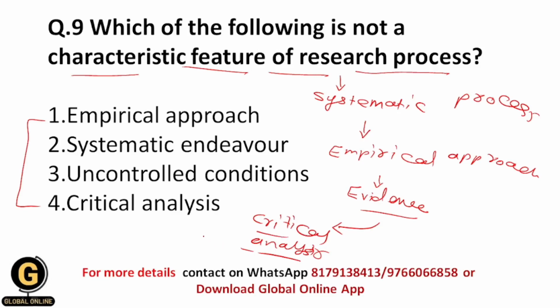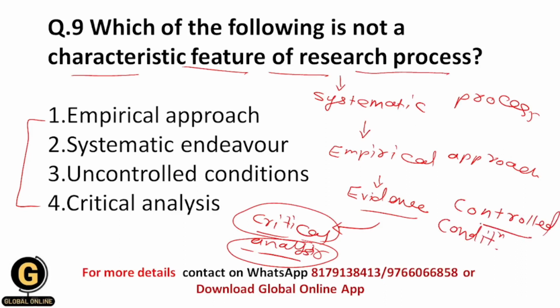And whenever a researcher does research, he should control the factors which can affect the study but which are not used in the study. So that means in our research process there are controlled conditions, not uncontrolled conditions. Okay, so let us see.